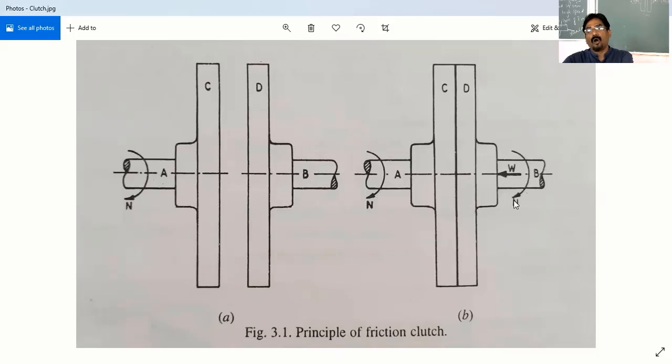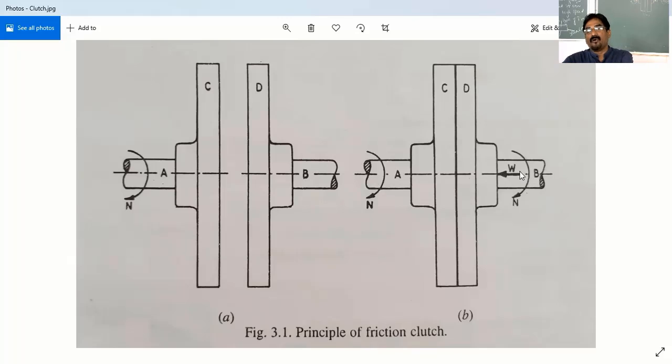Whenever we do not need to transmit the power from shaft A to shaft B, we just have to disconnect the disc D from the C. Figure 3.1a shows the disconnected position. Figure 3.1b shows the connected position. Whenever we require, we connect here.